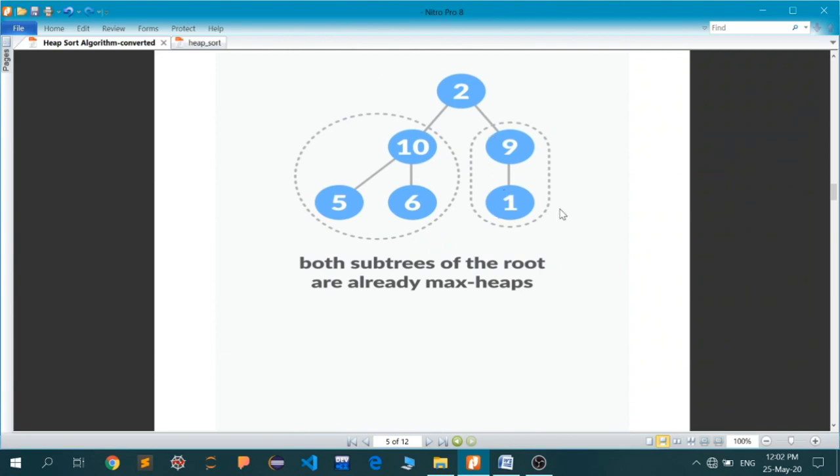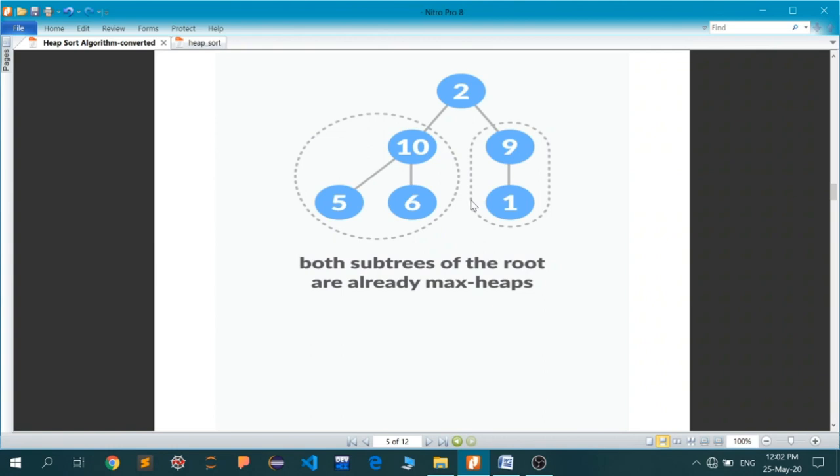In recursion, you can see that in this particular case of a complete binary tree, if I want to convert it into, let's say, a max heap, then I have to keep my faith that the left subtree and right subtree are already max heaps, which in this case they already are.